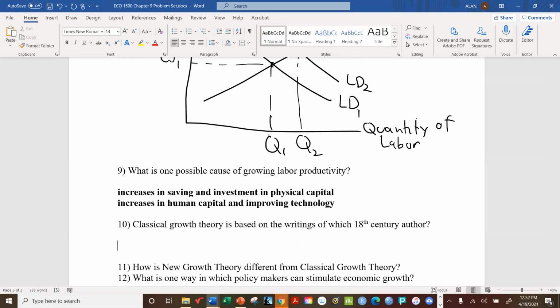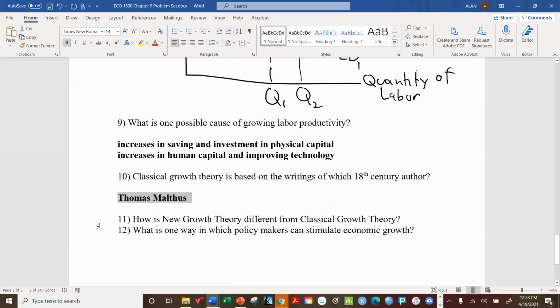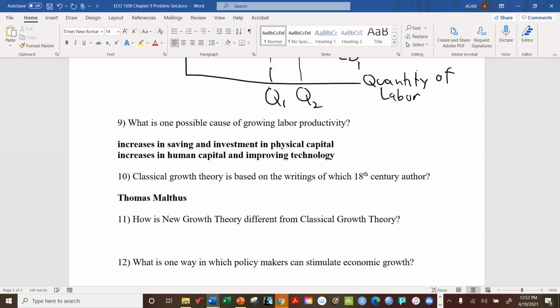All right, so classical growth theory. Remember, this is our very pessimistic friend, Thomas Malthus. He told us that output cannot grow faster than the population, which means we'll always be living in grinding poverty, no matter what we do. Well, that was pretty pessimistic.